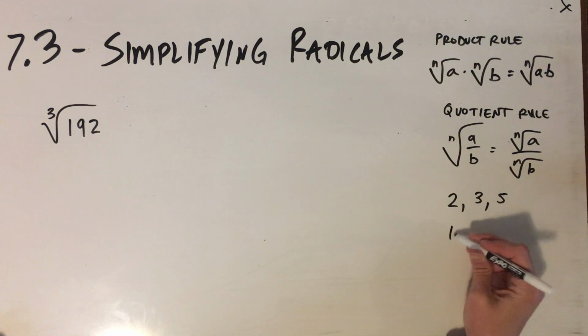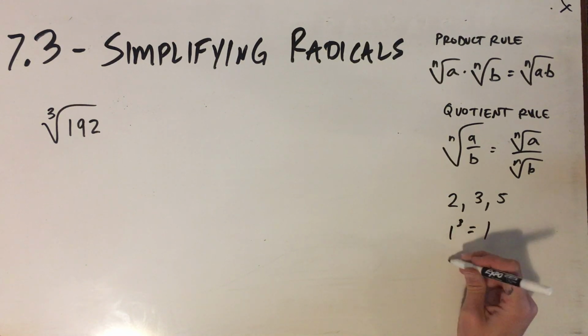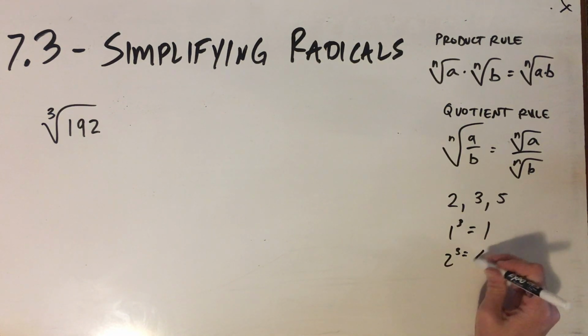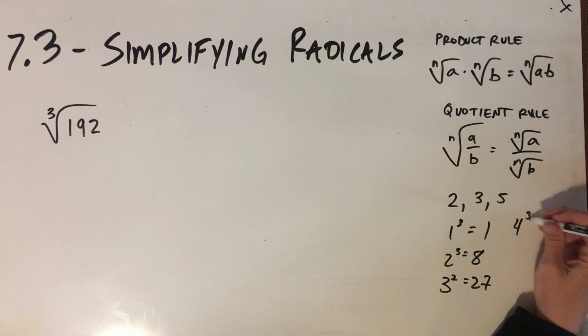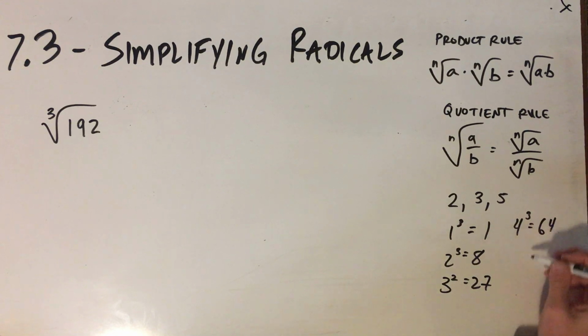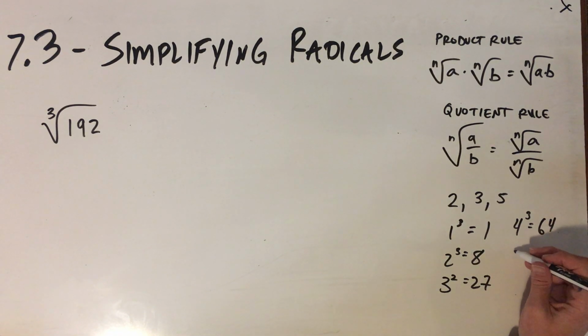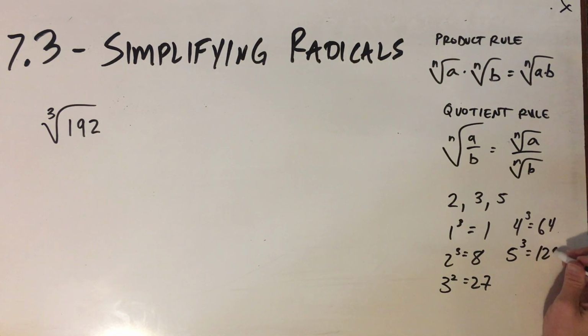Again, the perfect cubes would be: 1 cubed is 1, 2 cubed is 8, 3 cubed is 27, 4 cubed is 64, 5 cubed is 125, 6 cubed is 216, and we'll stop there. So we know that this is somewhere in between, so I don't recognize it.